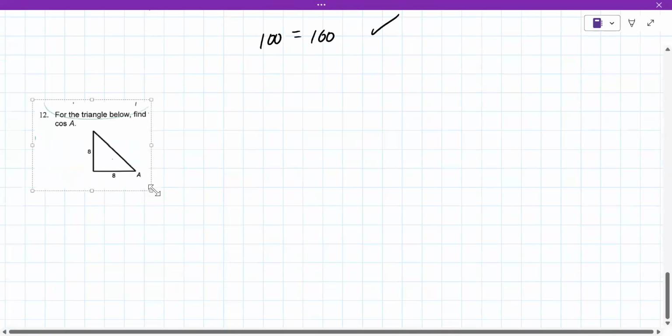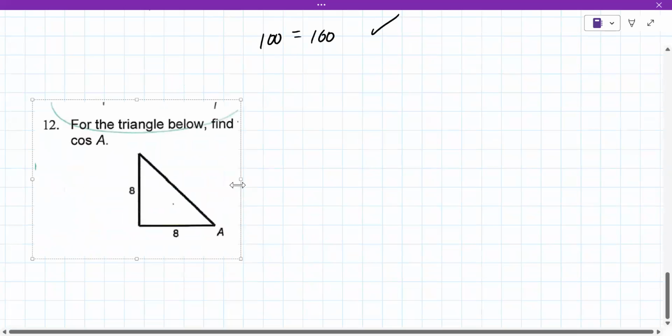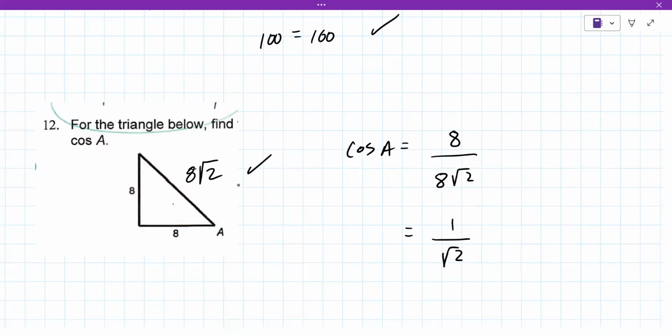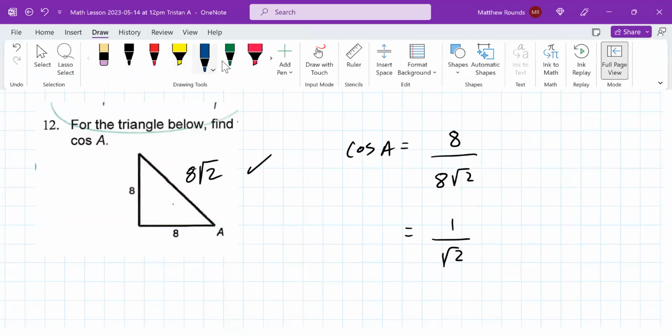Let's do it. All right, really good here. So you correctly found the hypotenuse was 8 square root of 2. That's necessary and perfect. The cosine of A, like you wrote, is 8, the adjacent, over 8 square root of 2, and like you wrote, it's 1 over the square root of 2. Now we didn't emphasize this, and that's maybe on me.